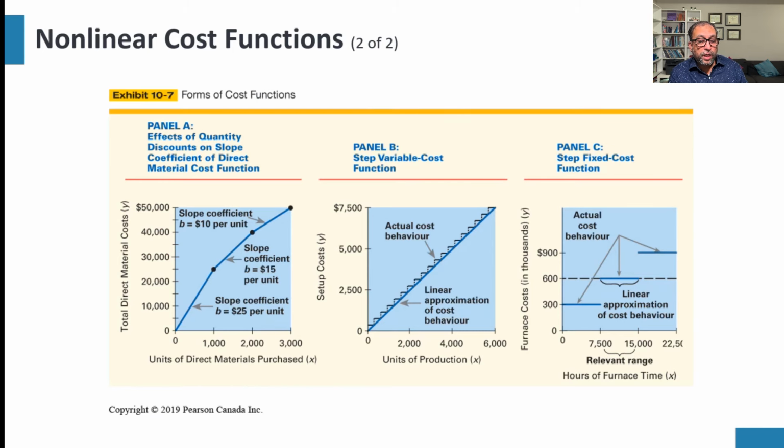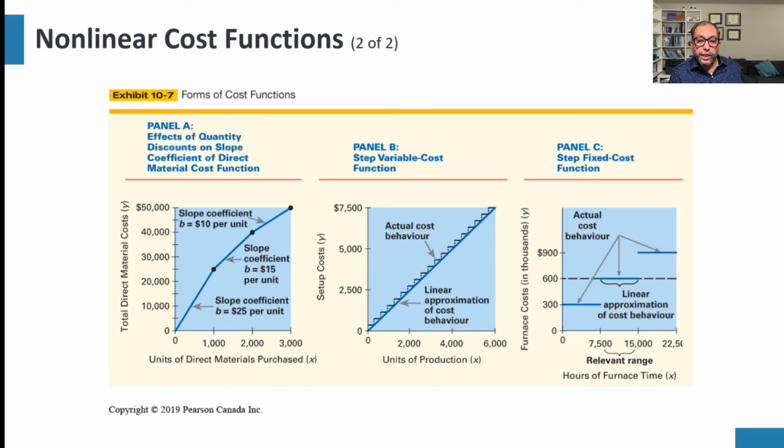So we see here a nonlinear relationship between the cost and the driver. Initially the slope is 25 per unit, then it reduces to 15 per unit, and then further reduces to 10. This is the effect of quantity discounts on the slope, the coefficient of the direct material cost function.